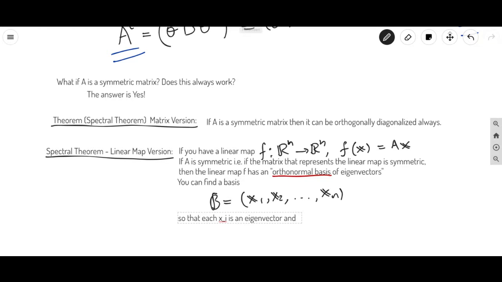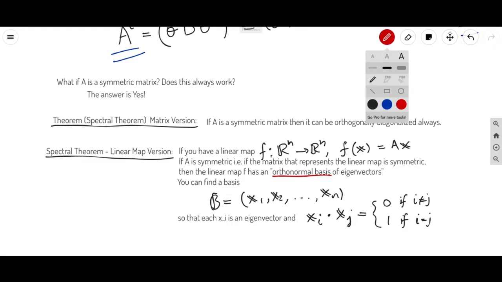And what does it mean to be orthonormal? If you take any two vectors xi and xj and take their dot product, it is 0 if i and j are different, and 1 if i and j are the same. The length of every vector is 1.